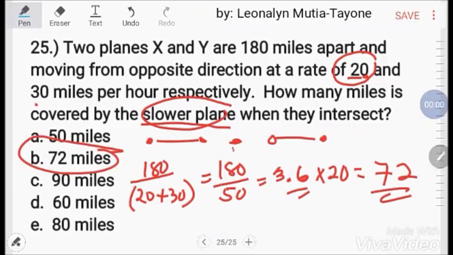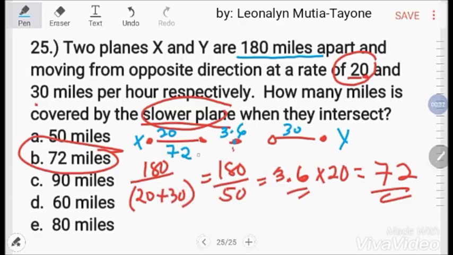Para mas lalo lang maintindihan, ito si X, ito si Y. Si X naman mag-travel ng 20 miles per hour. Itong si Y naman ay mag-travel ng 30 miles per hour. Si X to Y, 180 miles apart sila. Mag-abot sila within 3.6 hours. Sa loob ng 3.6 hours, itong si X ay makatravel na ng 72 miles.